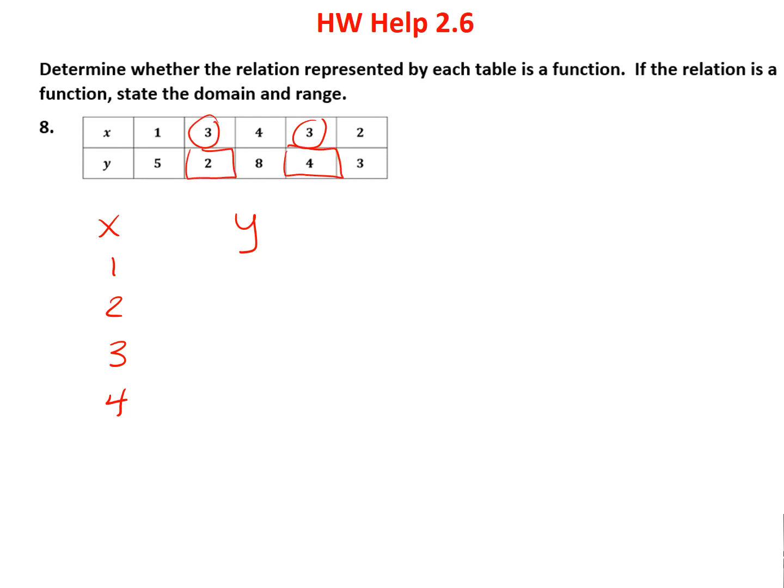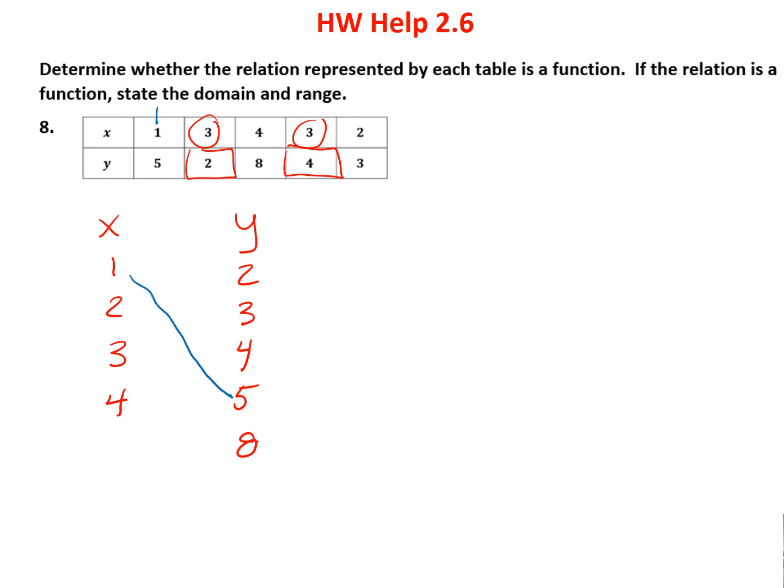But let's go ahead and map it anyway. All right. My y values are 5, 2, 8, 4, 3. So if I put those in numerical order, I got 2, 3, 4, 5, and 8. So let's map them. First, 1 goes to 5.